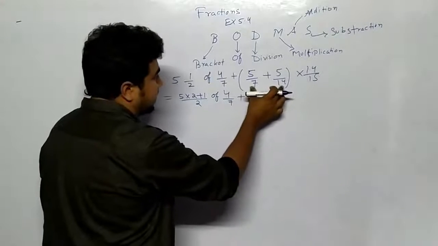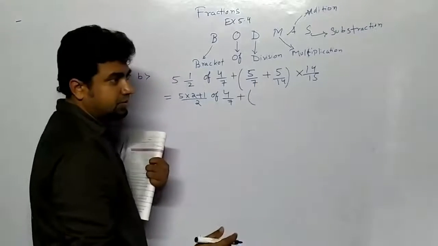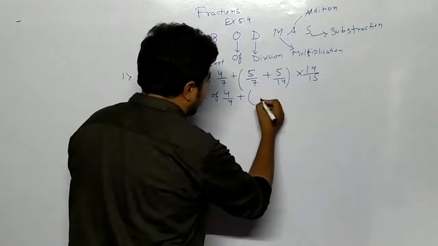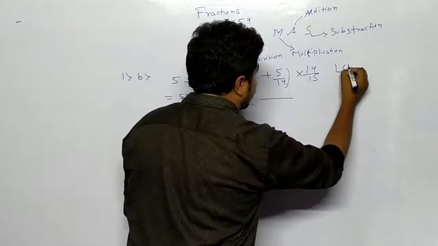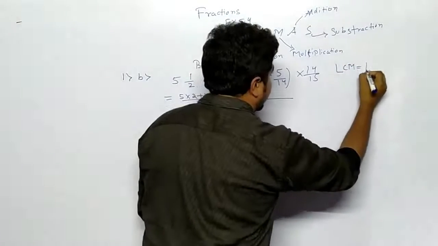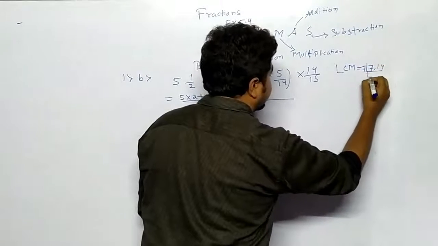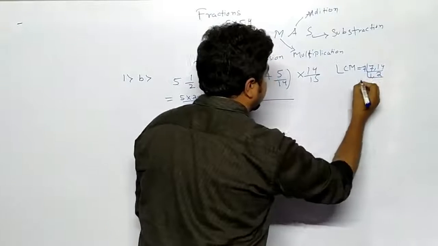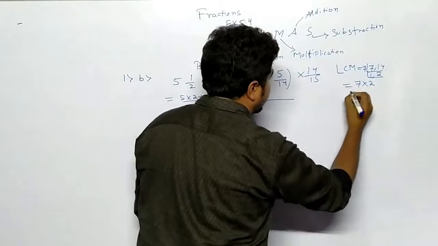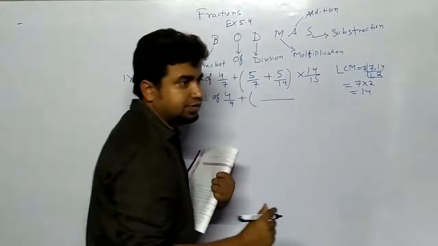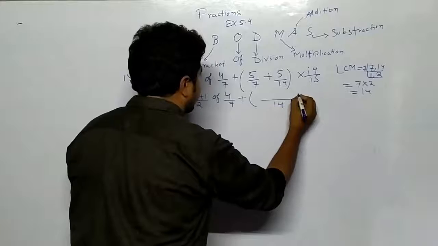First the bracket part. Inside the bracket, the sign is addition, so I can take the LCM of 7 and 14. You can directly take 7, 1, and this is 2, so the LCM will be 7 into 2, which is 14. This is the LCM, so from here you can write 14.